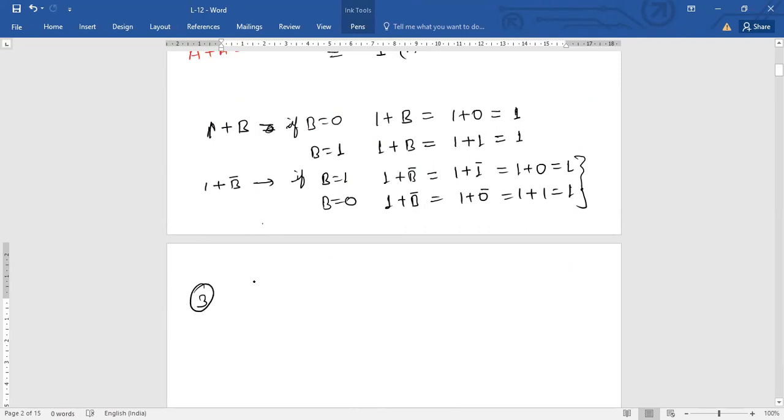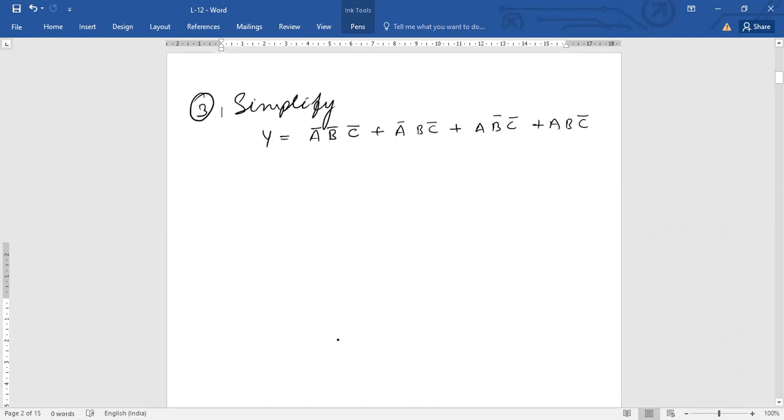Okay, so you have to simplify y equals A bar, B bar, C bar plus A bar, B, C bar plus A, B bar, C bar plus A, B, C bar. Okay, so we have this Boolean expression, and we have to simplify it.